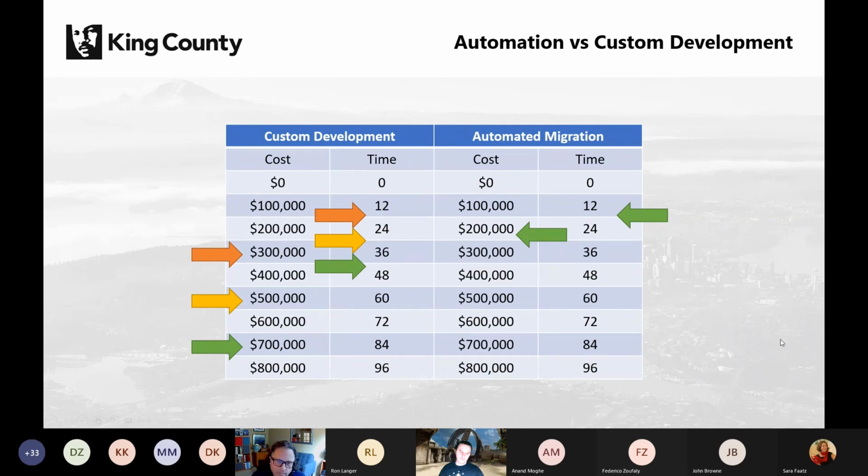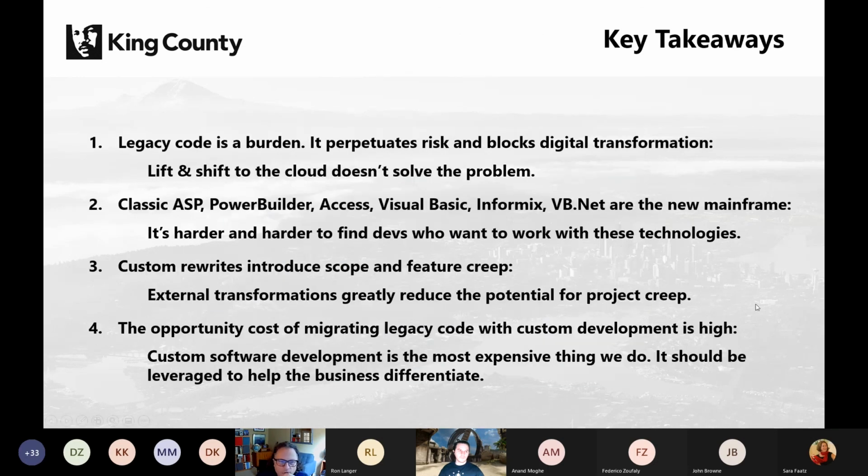One of the great things about our experience with Mobilize on the automated side, and maybe if you go to the next slide, and we might come back to this, Will, is takeaway number 3, right? This, and I think Federico talked about this a little bit as well, is when you approach this as an automated transformation space, you take a lot of that project creep off the table, right?